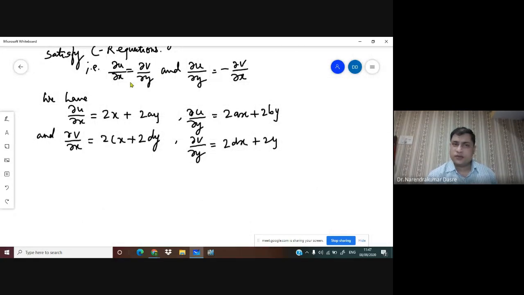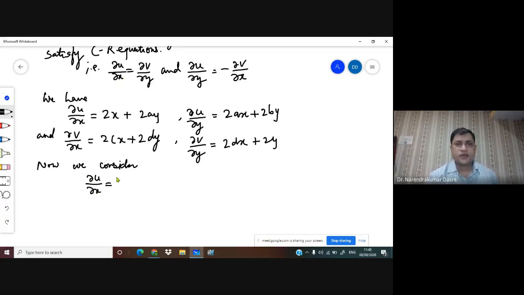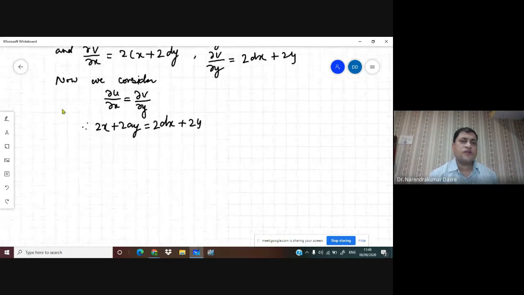Now we have to check this CR equation. So we consider u_x is equal to v_y. So what we get here, u_x is 2x plus 2ay, is equal to v_y, which is 2dx plus 2y. Now we have to solve this equation.